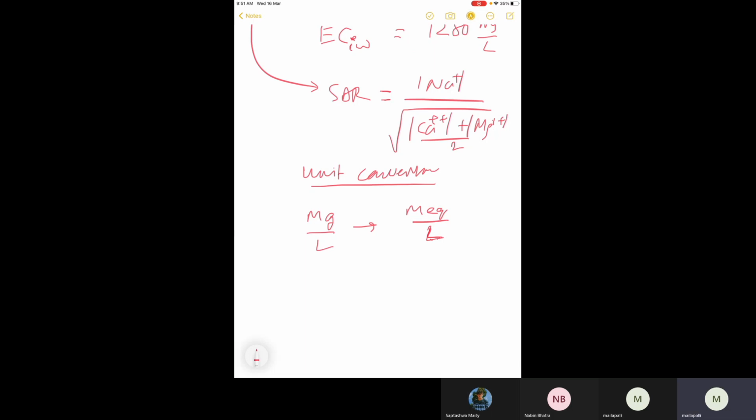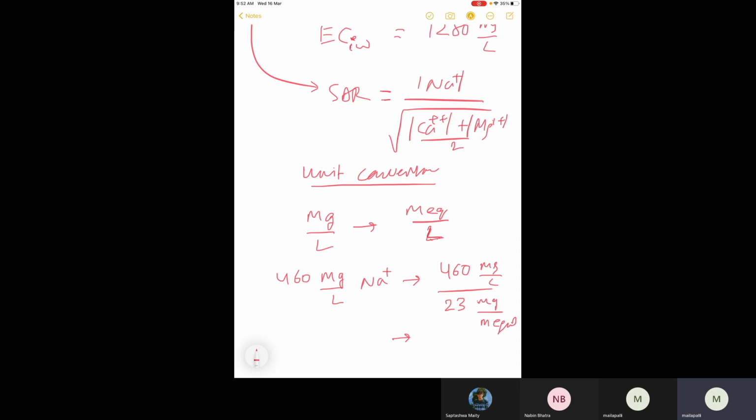So for 460 milligram per liter Na+, this can be converted into 460 milligram per liter divided by 23, because the atomic weight of sodium is 23, and the valence is 1, so dividing by 1 still gives 23 milligram per milliequivalent.